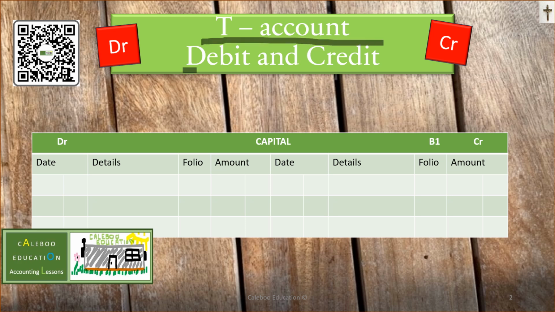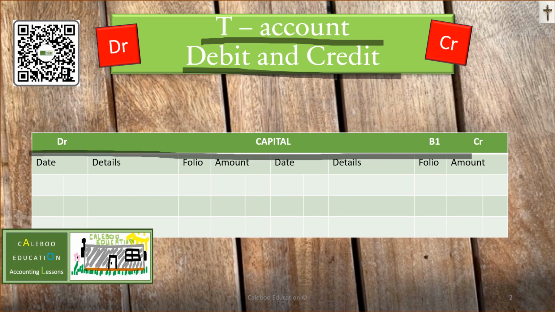What is a T account before we record transactions on T accounts? In the general ledger we will have all the accounts listed. So for example, here we have the capital account, the owner's account, and the general ledger is divided into a left-hand side and a right-hand side.